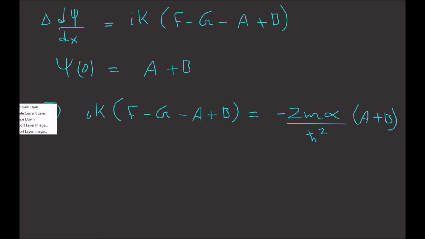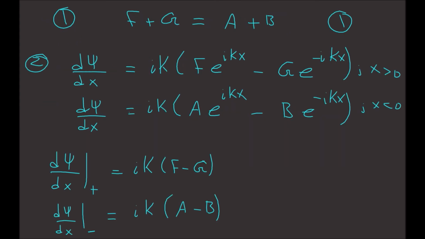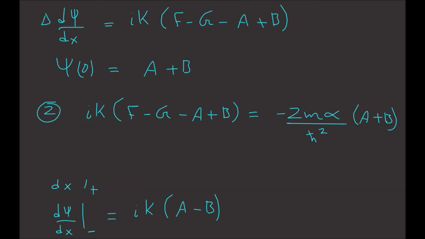So this is equation number 1, and here we have equation number 2, but we have the variables F, G, A, B, and also k. So 2 equations, 5 unknowns. This is bad news, so let's put this in a more friendly form. Let's define the new variable beta.